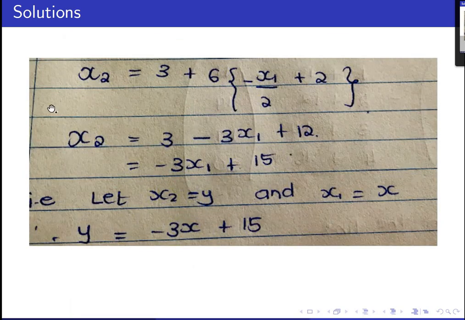So I simply need to multiply out the brackets. I have 3 minus 3x1 plus 12, which is negative 3x1 plus 15.